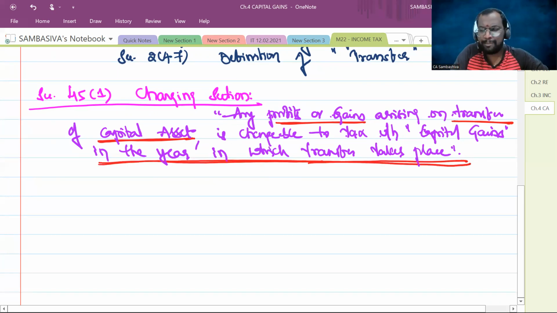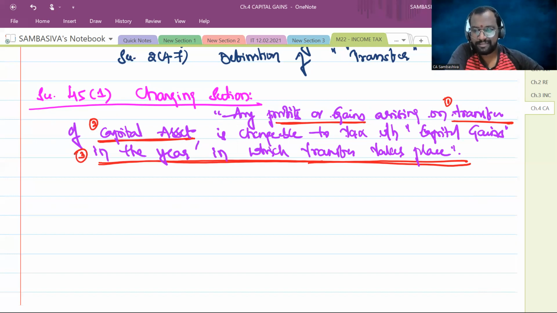So there are three important terminologies we are going to learn from this particular charging section. Number one, transfer. Number two, capital asset. And number three, in the year in which transfer takes place.